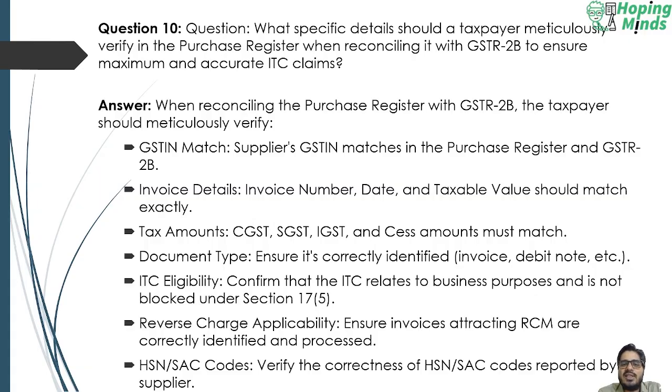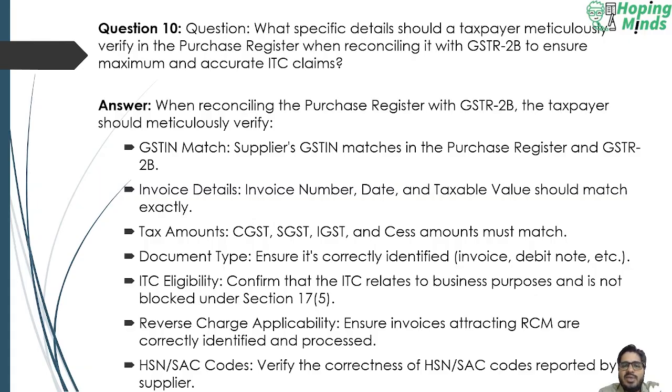Then the invoice details: the invoice numbers, date and taxable value should match exactly. In case of any audits by the department, if the invoice details are not the same, the input tax credit can be denied. Tax amounts, the CGST, SGST and IGST along with any cess must match.